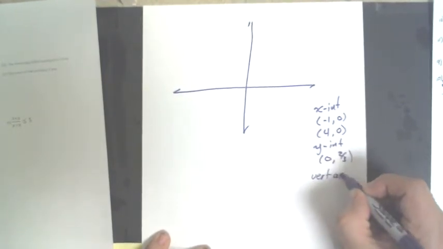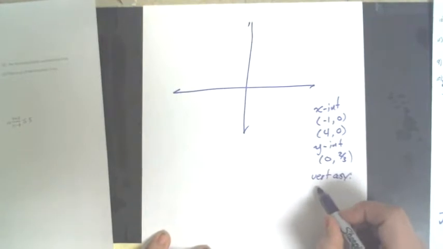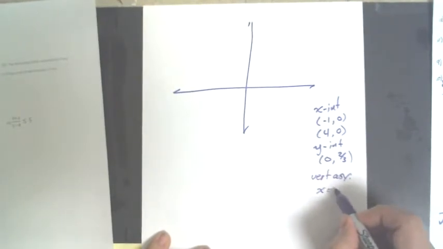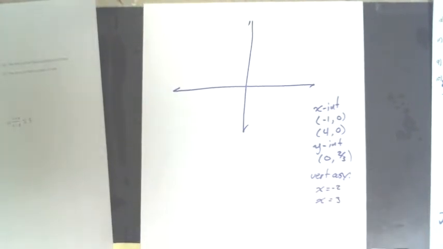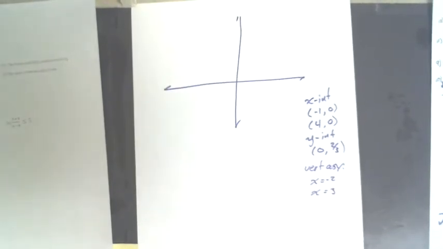Your vertical asymptotes are occurring at the line x equals -2 and the line x equals 3. Again, be sure to give those as lines. Vertical lines have that form, x equals a. So be sure you're doing that. Hopefully that's not too glossy on you. If it is, let me know.